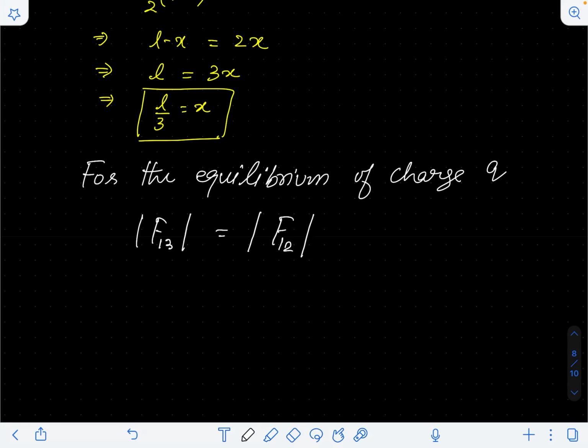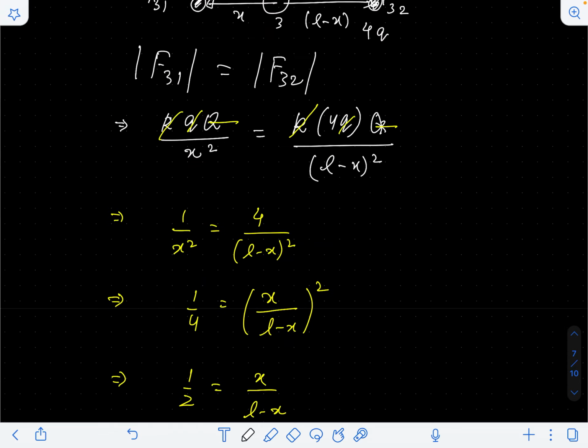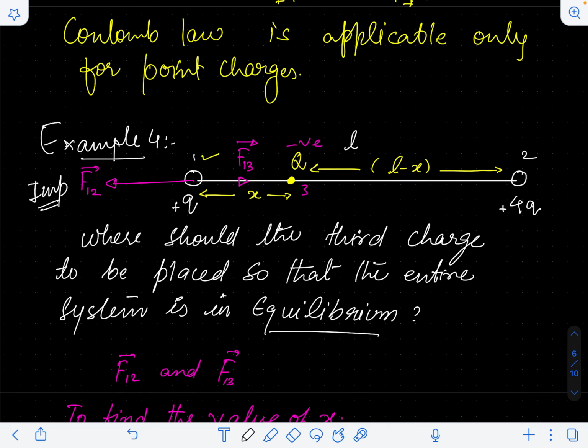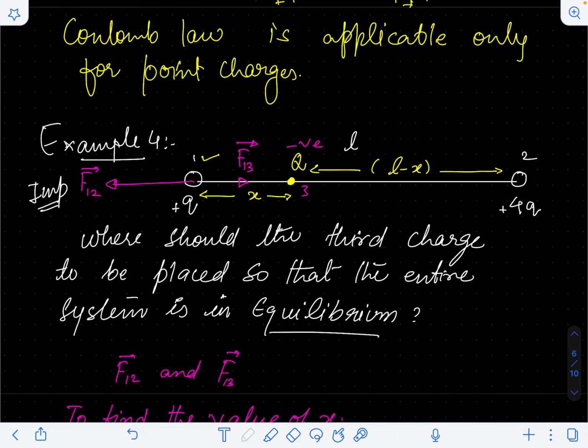So this is k q Q divided by x square, because the distance between 1 and 3 is x, but the distance between 1 and 2 is L.